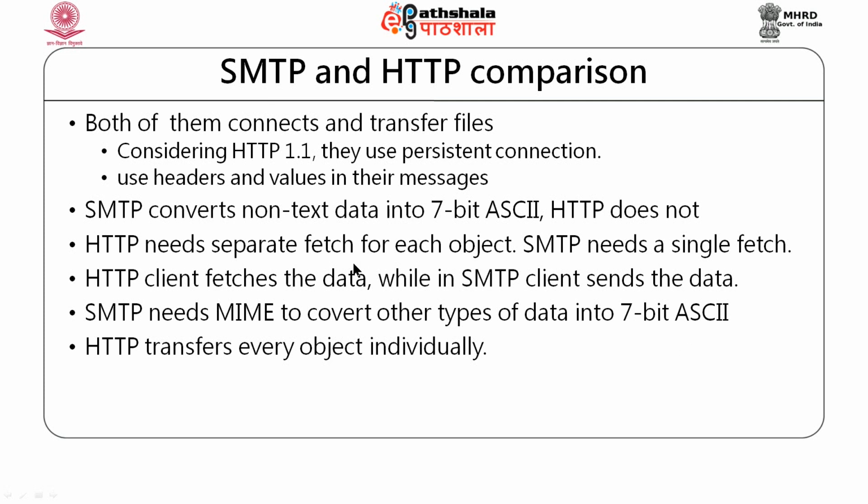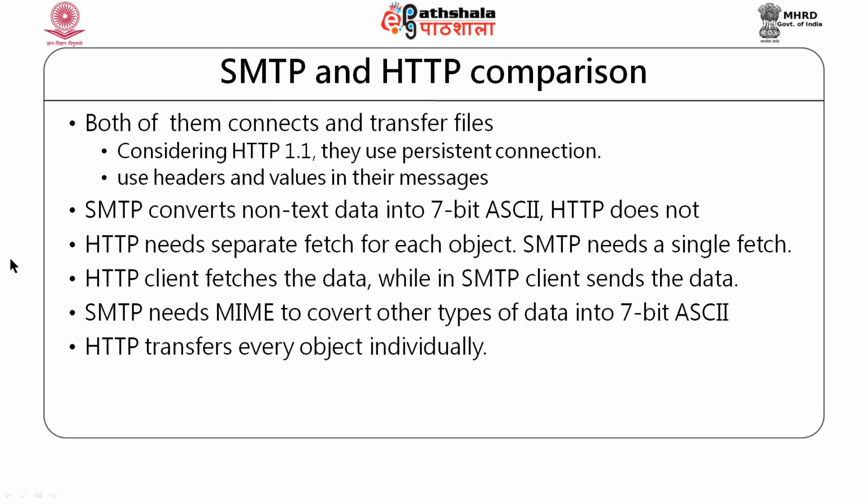But SMTP only sends 7-bit ASCII. Even if any other thing is there, we will convert it to 7-bit ASCII and send everything in a single stretch. In case of HTTP, we will send multiple objects separately, but we will not convert, that is the difference. HTTP needs a separate fetch for each object, SMTP needs a single fetch.